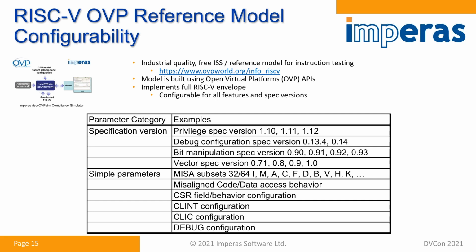These include the privilege spec version, the debug configuration version, the bit manipulation version, vector version, the different instruction extensions, CSR configuration, CLINT and CLIC configuration, also the debug configuration. So this is just an example of all the parameters that are available in the Open Virtual Platforms RISC-V models.